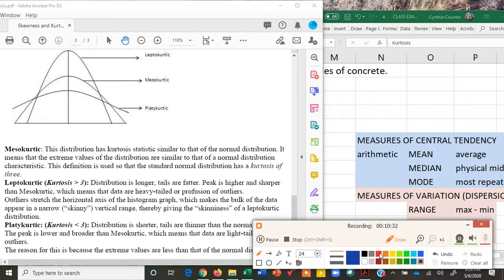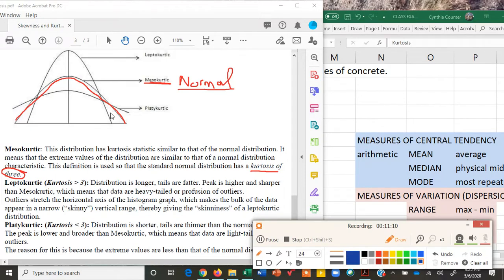This middle curve is actually the normal distribution, and it is considered to have a kurtosis of 3. So a kurtosis of 3 is normal. If you have a measure of kurtosis very close to 3, it'd be very close to normal.